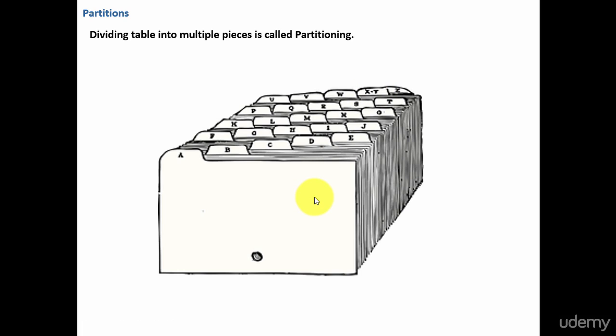Instead, if you organize them alphabetically and you have a tag showing the partition name, you can go to the P partition and then search for the name Peter. Just the same way, Oracle also divides your table into multiple pieces to manage the data better.